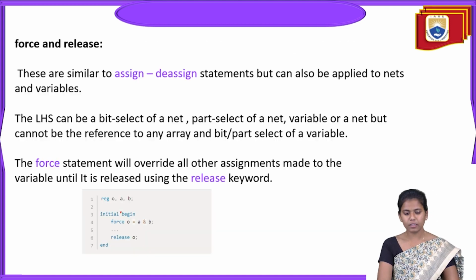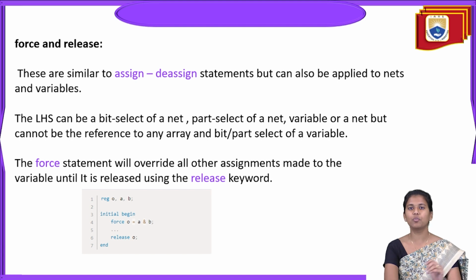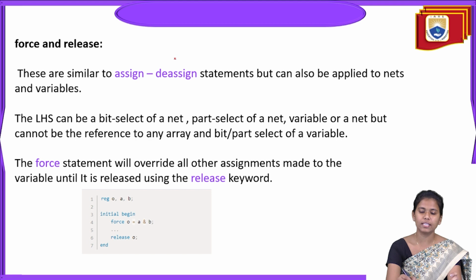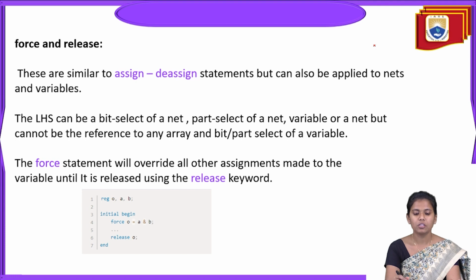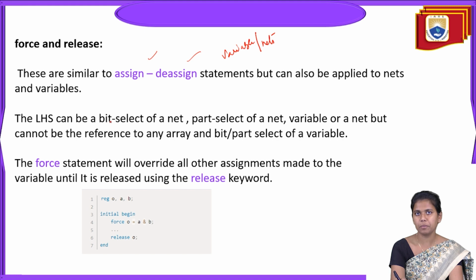And force and release is one more kind of procedural continuous statement. This is similar to assign and deassign, and can also be applied to nets and variables. As we see, the assign and deassign statements can be applied to variables or nets in the same fashion.